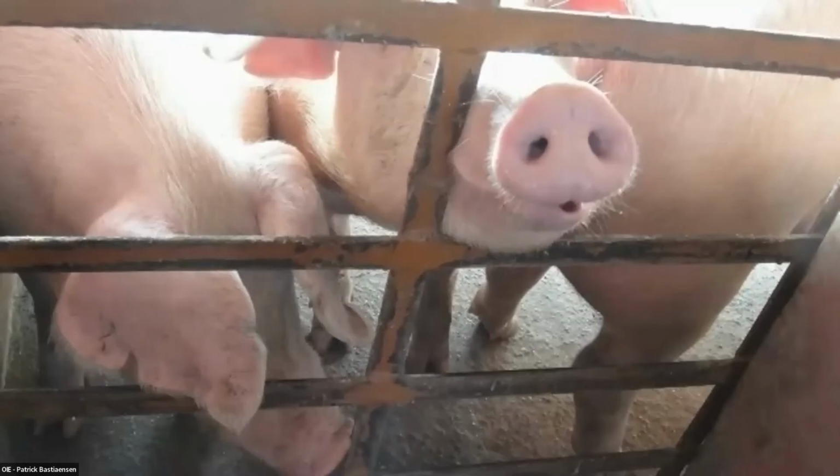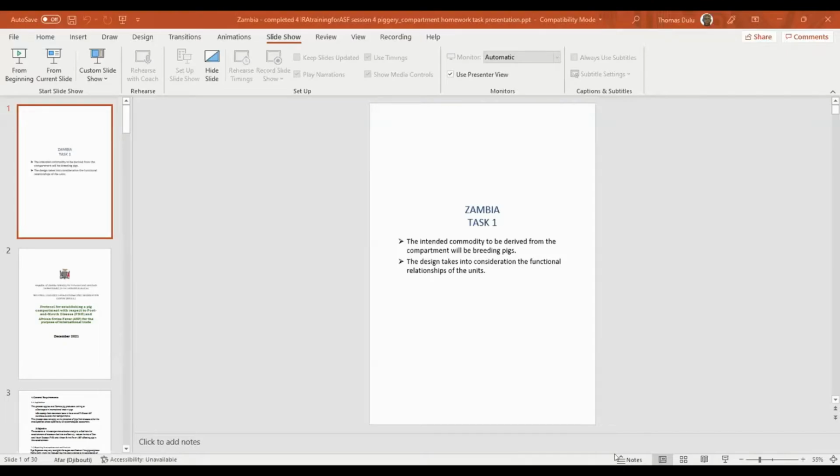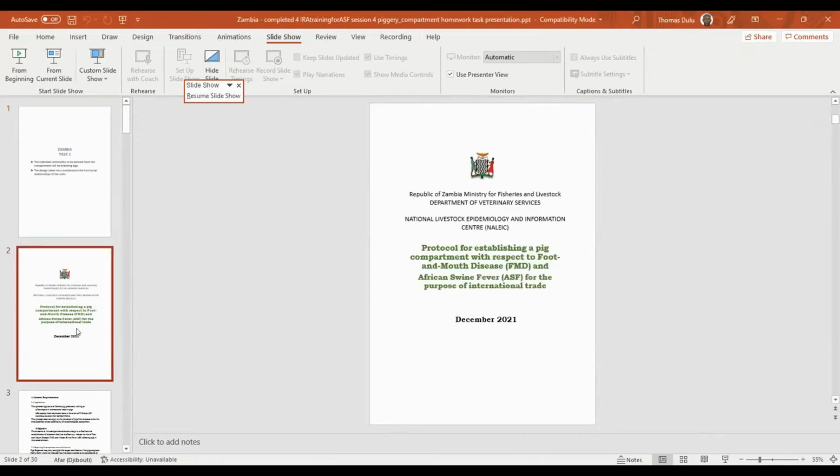Do you have another country, Charmaine? No, actually, that was the last presentation for task 1. What do you think, Patrick? Should we move on to task 2, or shall we keep that for the next session? Noting that task 2 is also about the identification of risk pathways and designing the risk mitigation measures. I'm not sure.